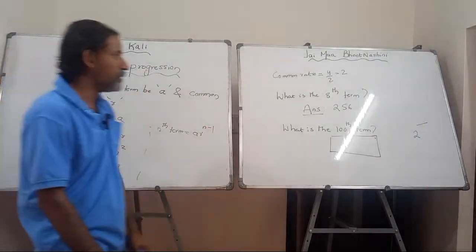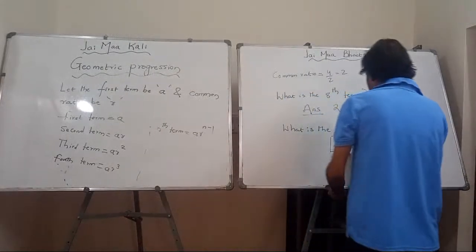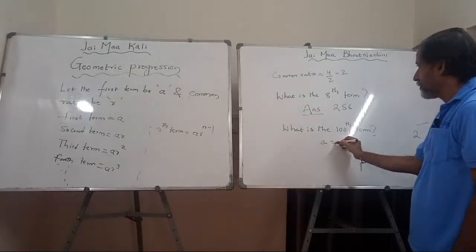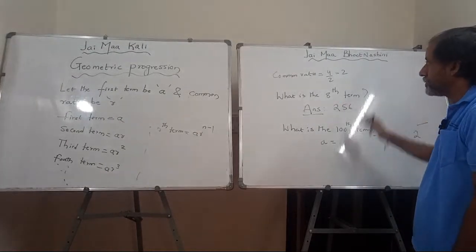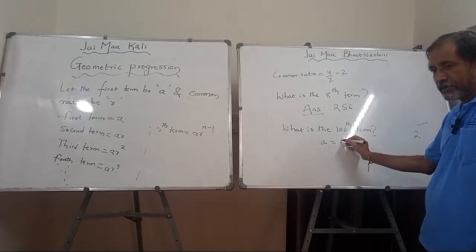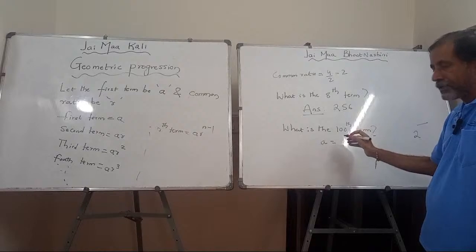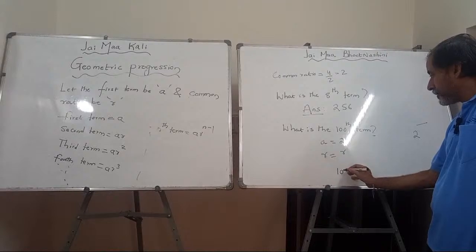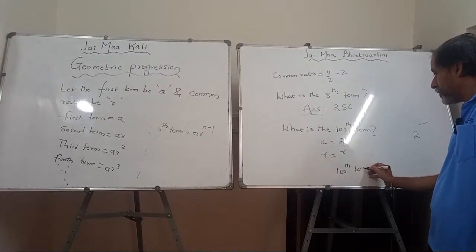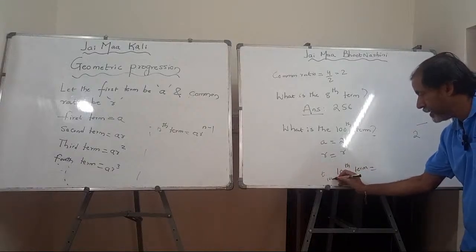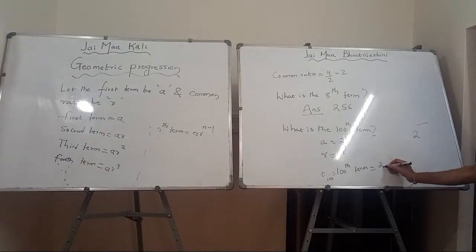Understood. Now let's come back here. First term was 2, right? 2, 4, 8, something like that. Ratio is also 2. So the 100th term, denoted by T100, is a r to the power n minus 1.